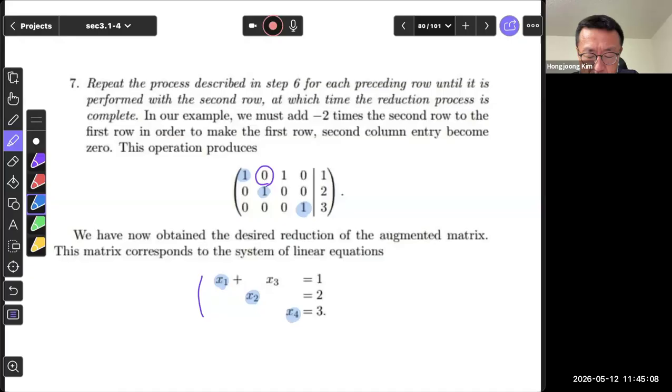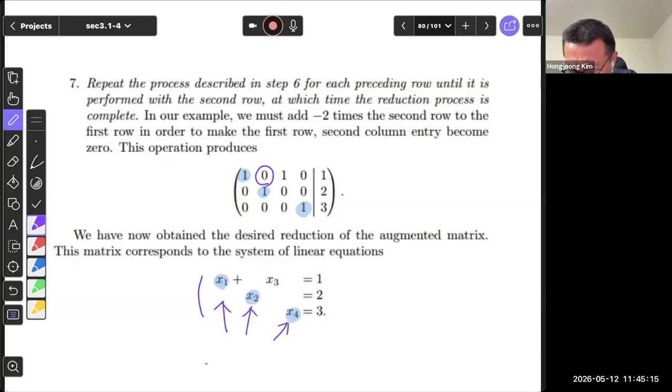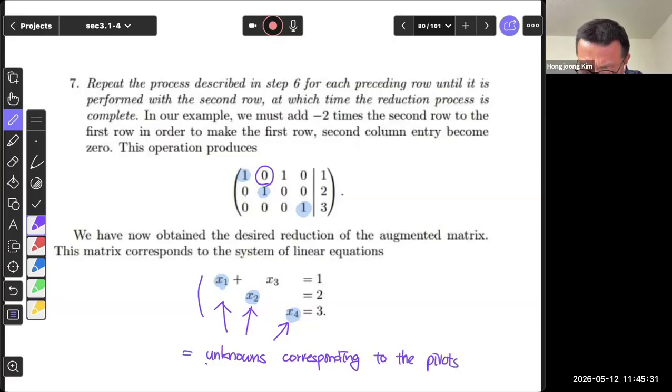So these are the unknowns corresponding to the pivots, and those are called basic variables, or sometimes pivot variables.